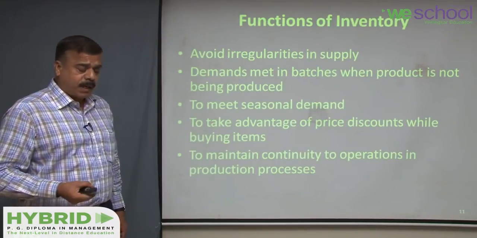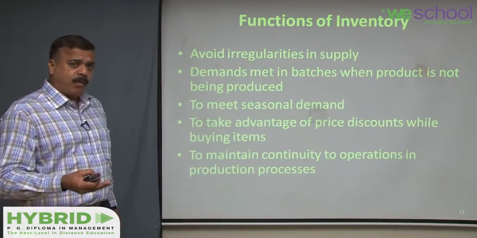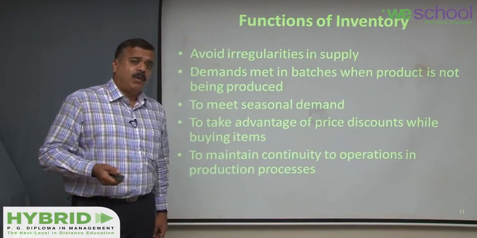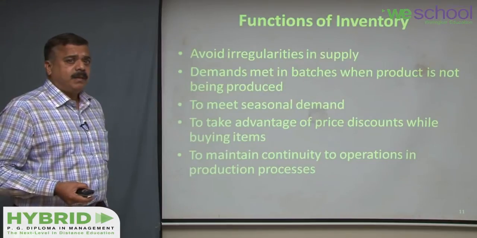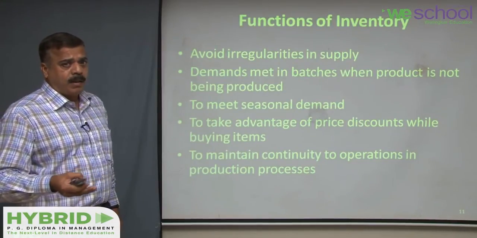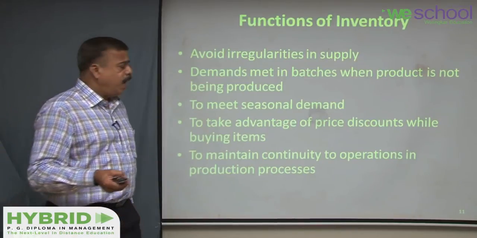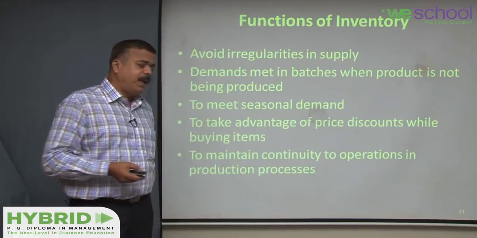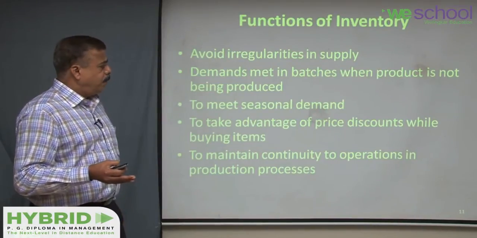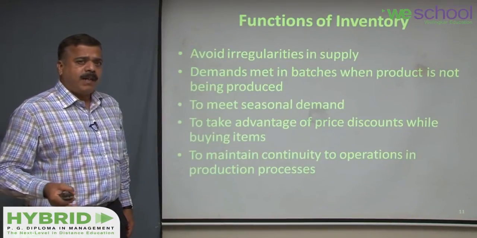You go back to him and say, okay, I'm going beyond my requirement, I'm buying 10 tons from you, but you've got to give me a discount. So you avail the price discount by increasing your quantity. Another way of looking at it: you have ordered 7 metric tons of material, but your truck capacity is 10 metric tons.